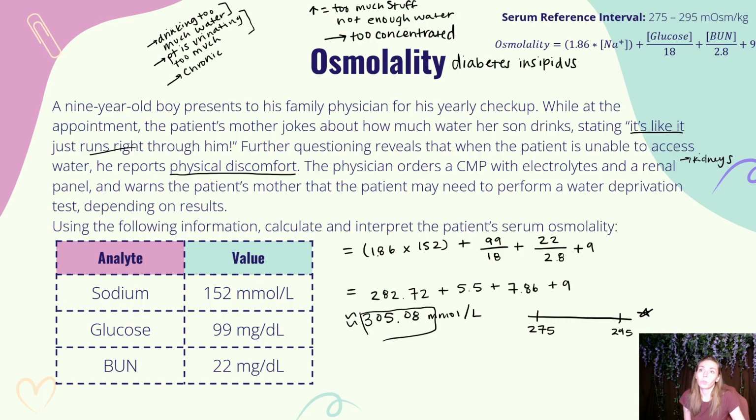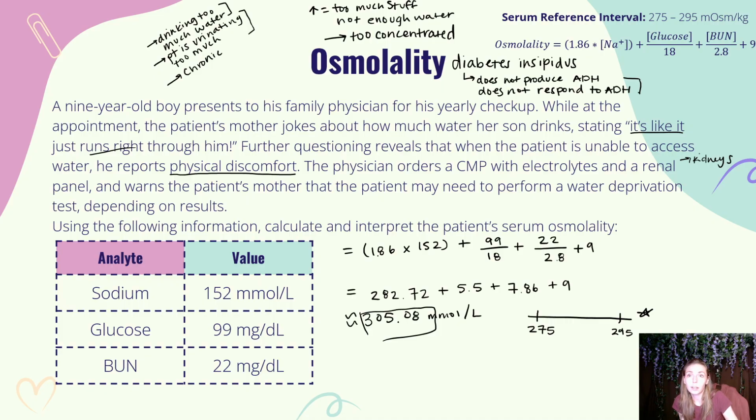So, diabetes insipidus, going back to what I was talking about a second ago, sorry, I did not plan this lecture out before I started doing it, I just started doing it. Diabetes insipidus is a condition where the body either does not produce ADH or does not respond to ADH.